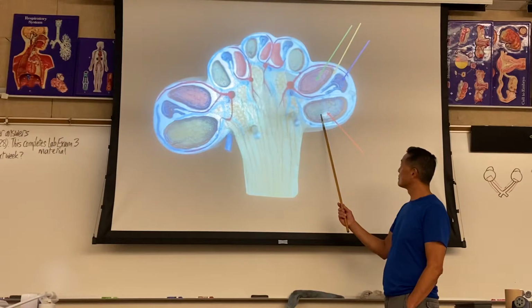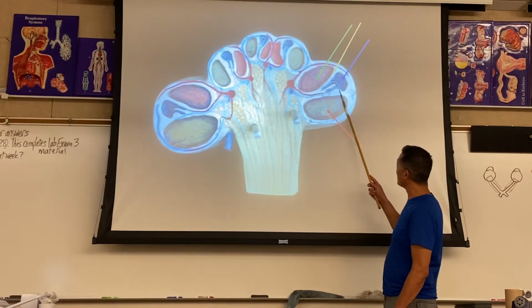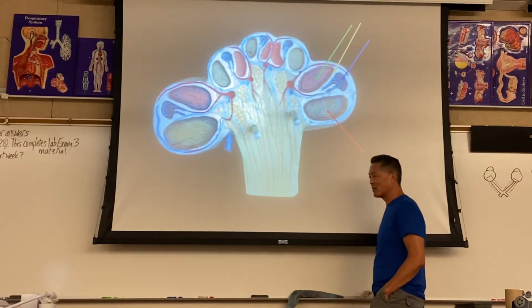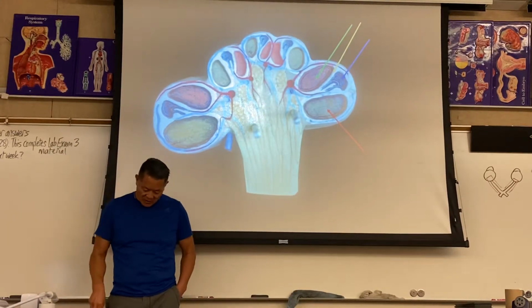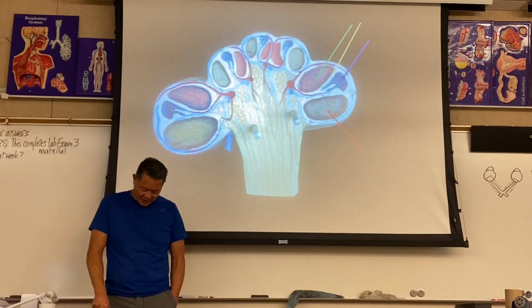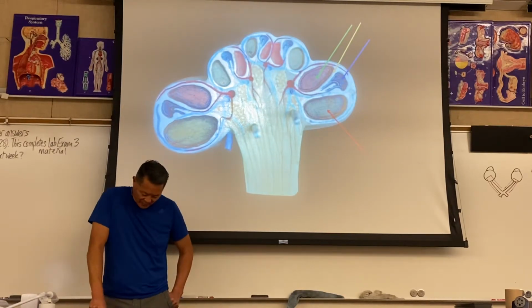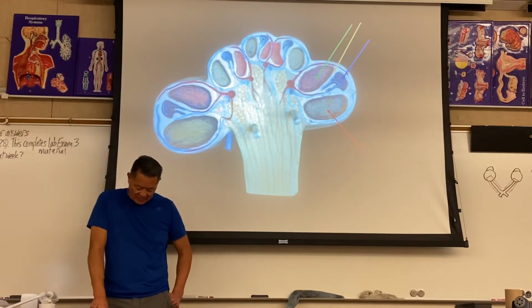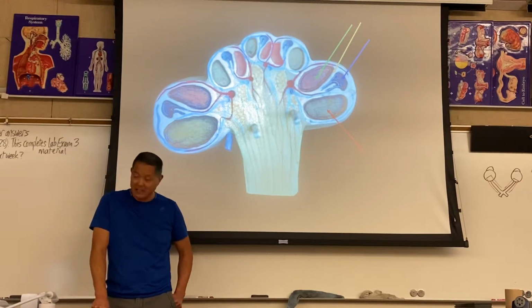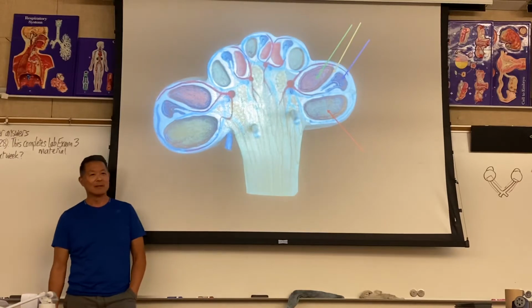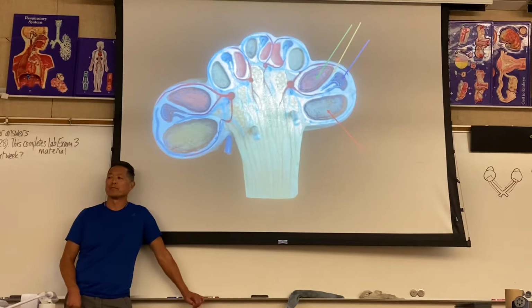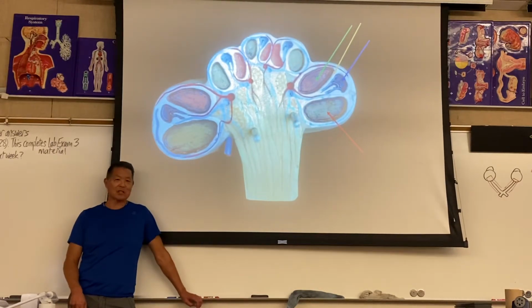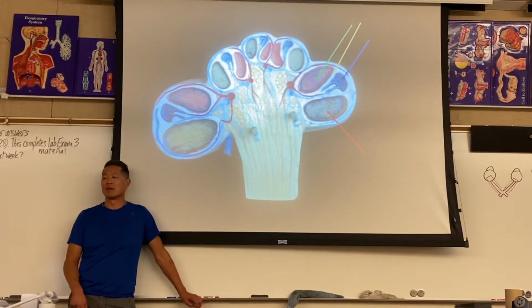I always put the scala media in the middle. Well, it's going to be in the middle regardless of what I do. You can call scala vestibuli the vestibular duct for the full point, I'll accept that. You can call scala media the cochlear duct, and you can call scala tympani the tympanic duct. Those are fair game synonyms. You can use either one for the full point. Everybody see that on page 27? Would you mind pointing?